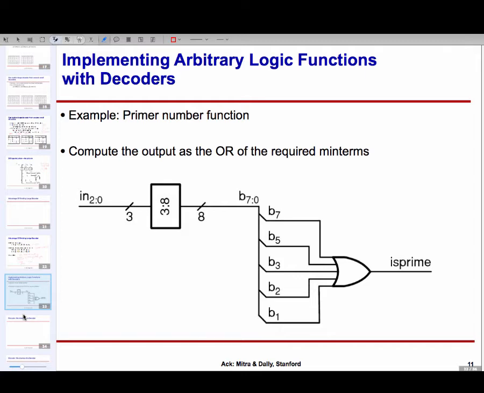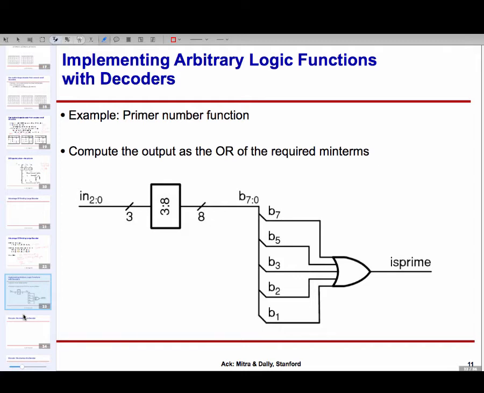What does it mean for our minterm? Which minterm is true? Minterm 0. What about B4? When is B4 high? B4 is high when the input has the value 4, 1, 0, 0, which means M4 is true. So I have 8 outputs. They actually correspond to the 8 different minterms. Output number i is high if minterm number i is true.